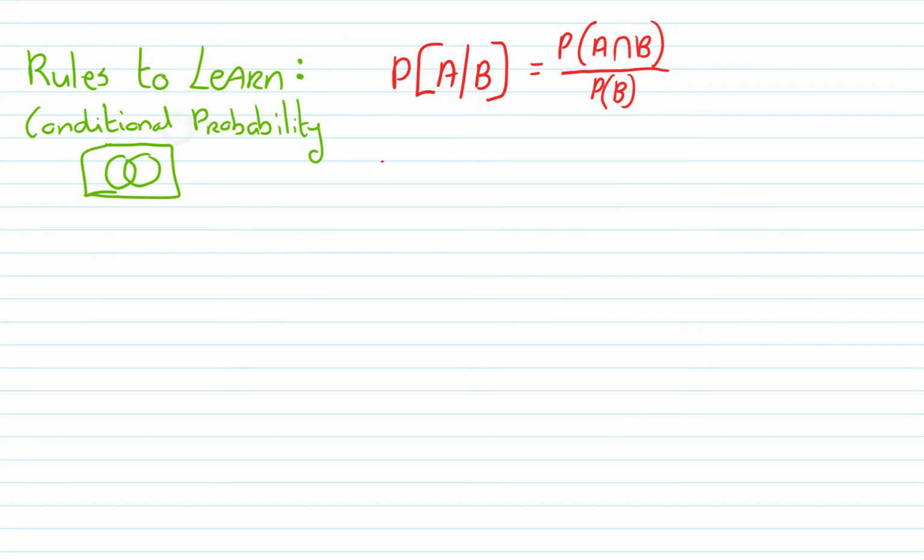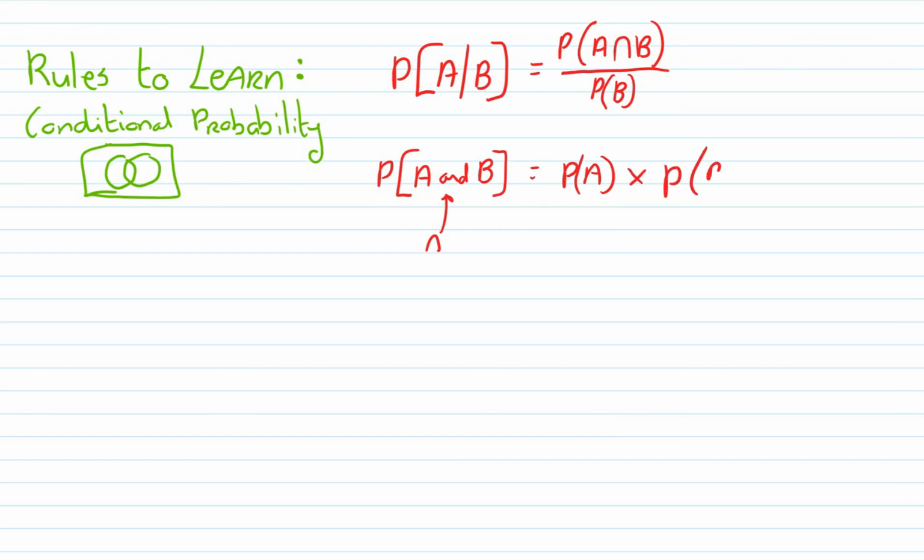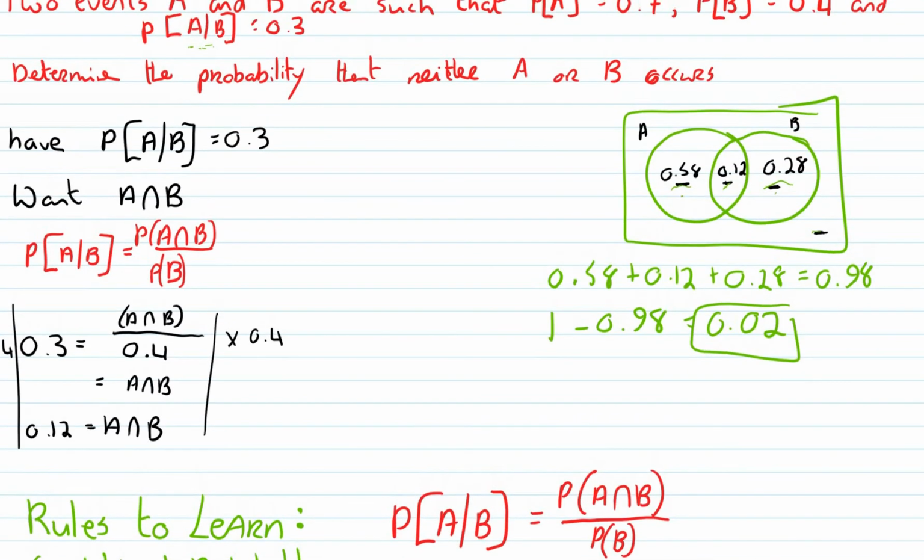And the next one then is the probability of getting A and B. That really means intersection. Well, that is the probability of A multiplied by the probability of B given A. And that is what we've done here, and here.